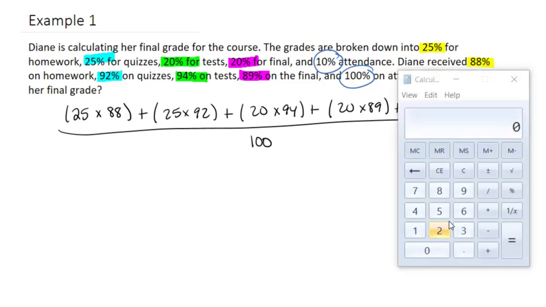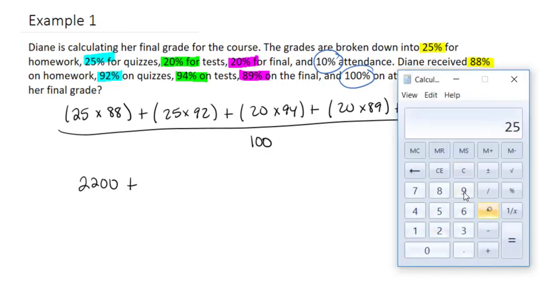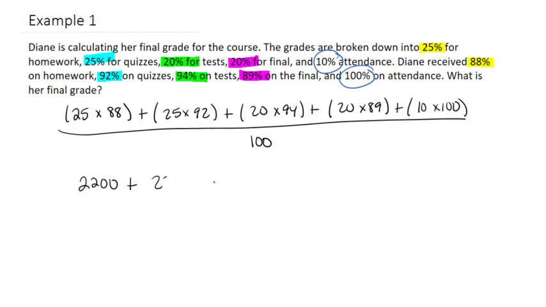So we'll multiply 25 times 88, which is equal to 2,200. Plus, now 25 times 92 is equal to 2,300.